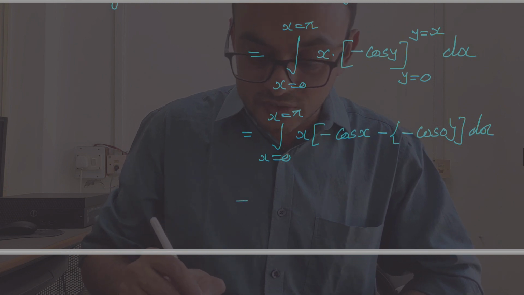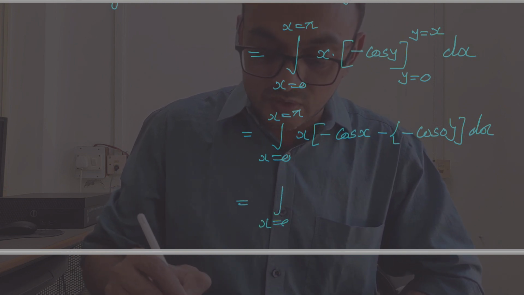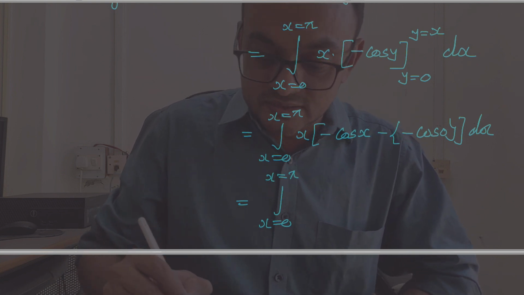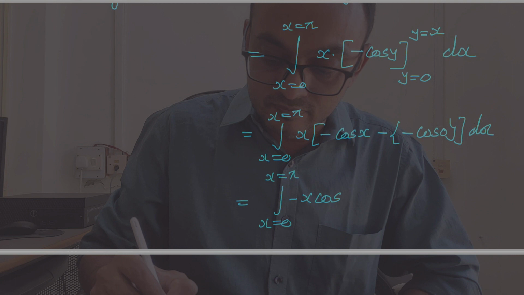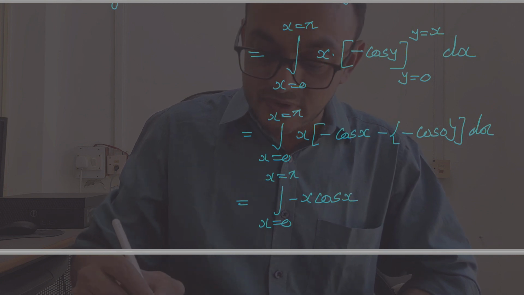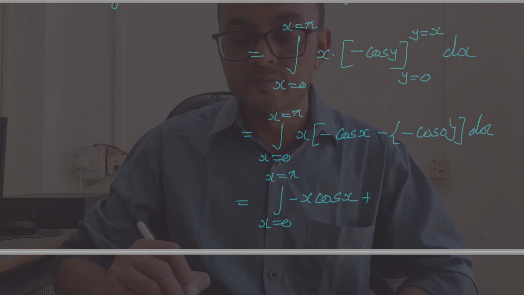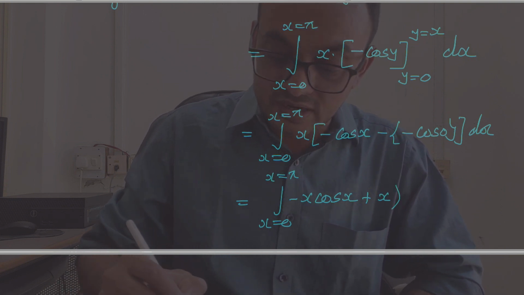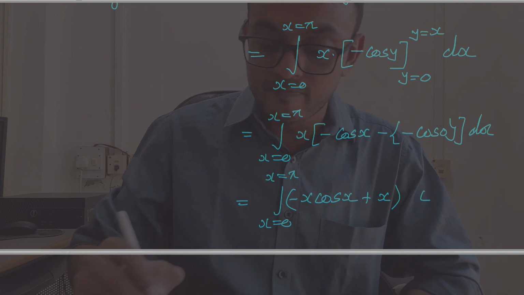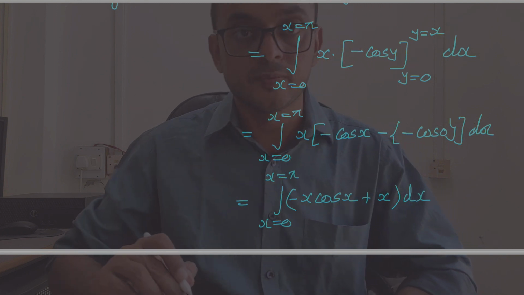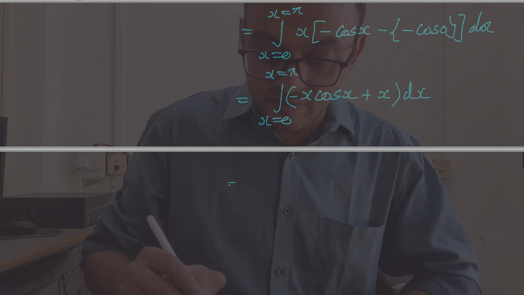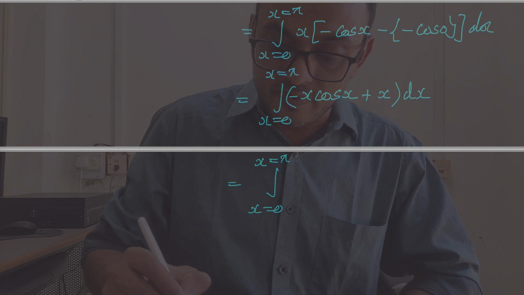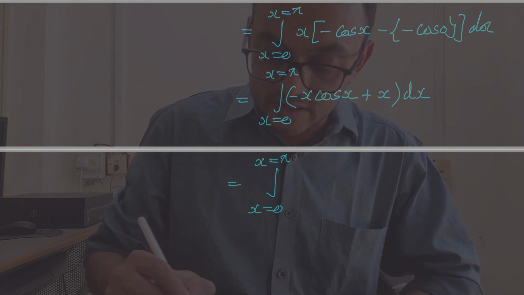So this is equal to integration x is equal to 0 to x is equal to pi minus x cos x, minus plus cos 0 is 1. So 1 into x is x dx. Right. So this is nothing but integration x is equal to 0 to x is equal to pi, and taking x.